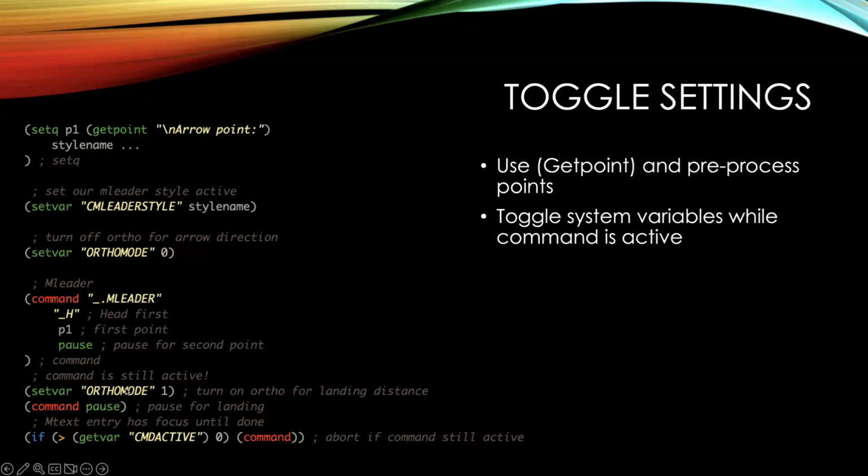But yeah, it's all about they just want that landing distance orthogonal. And so this is the way to do it. And again, that's not a lot of code, which is what's great. I mean, look at that. You could get this up and running in a day with very little knowledge, and you'd no longer have to be with your left hand hunched over the keyboard, constantly hitting F8 on and off while you're placing mleaders.